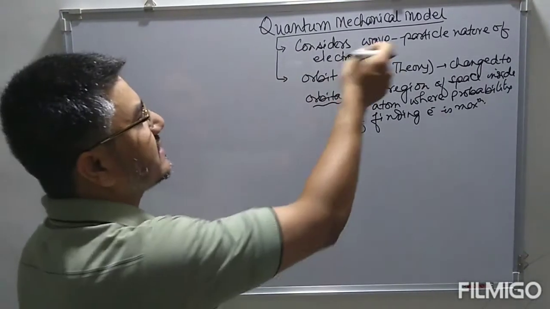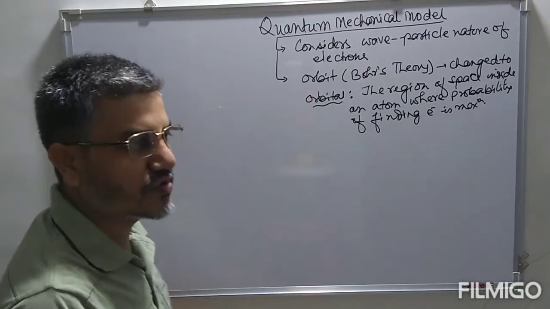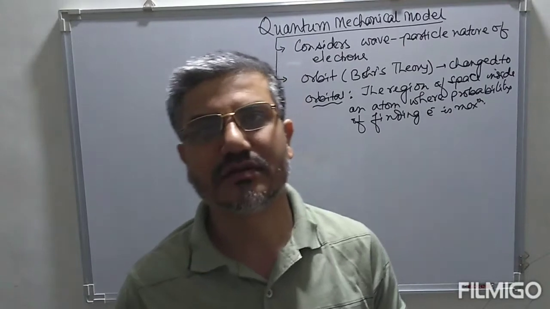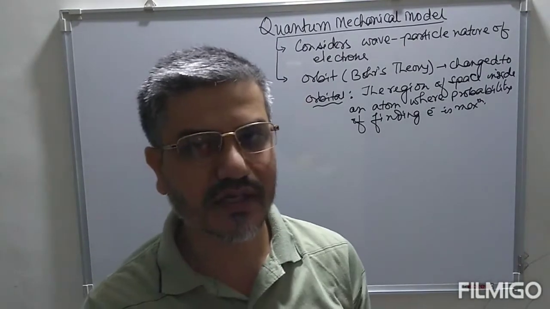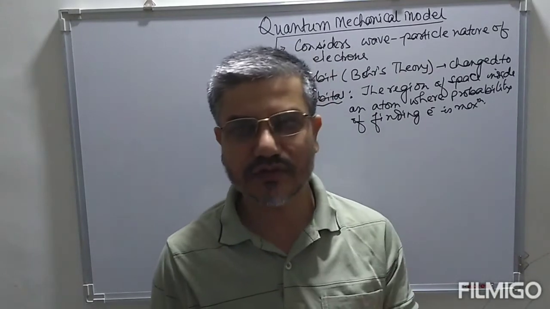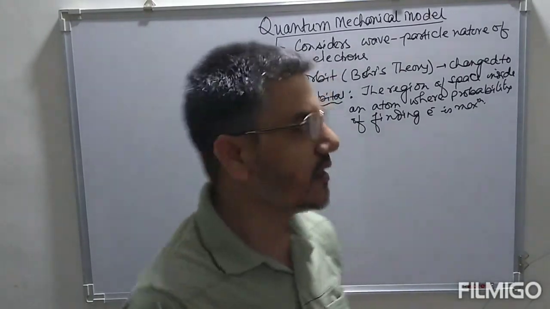Now since this considers the wave nature of electrons, the wave nature is defined by a function known as the wave function, similar to the standing wave that we have used in physics.